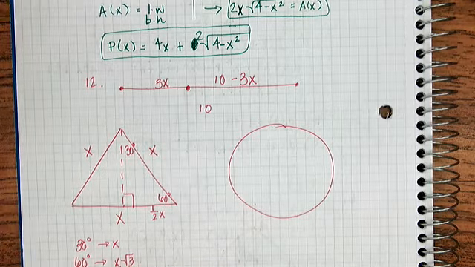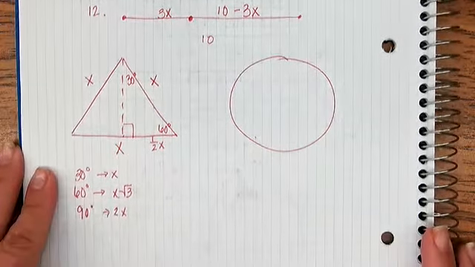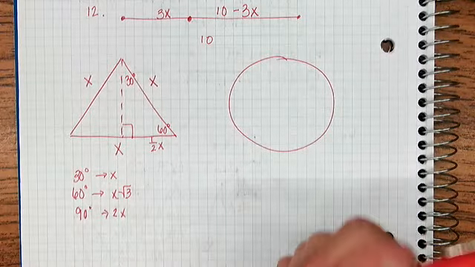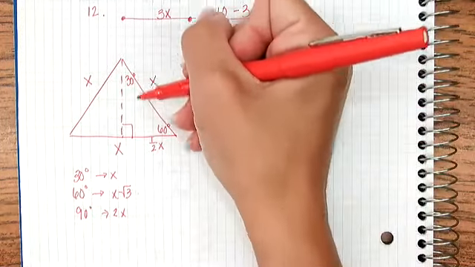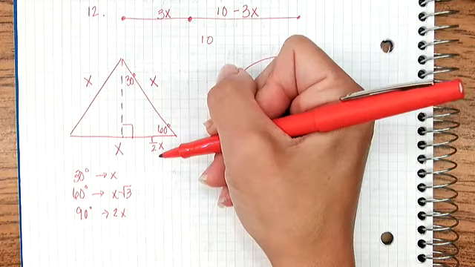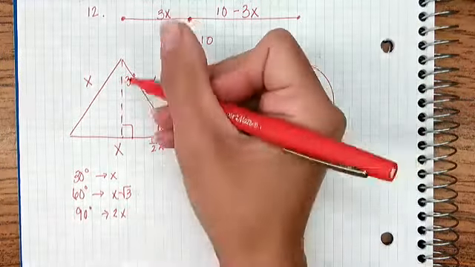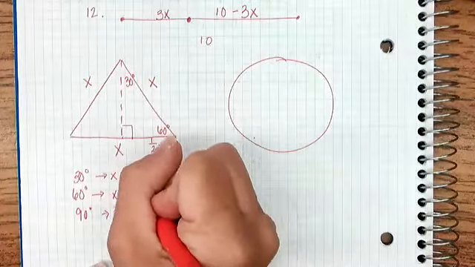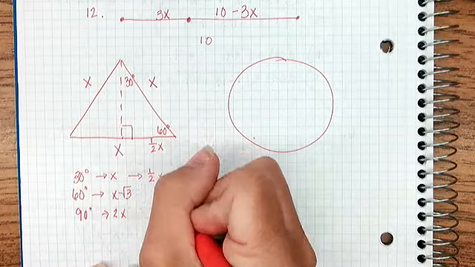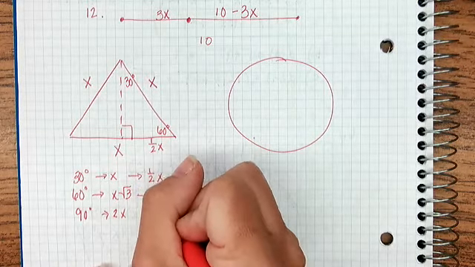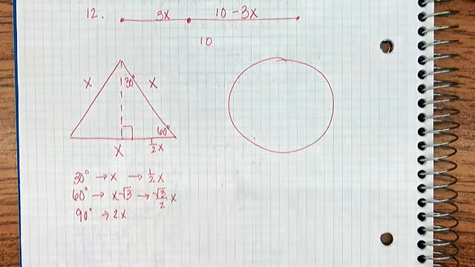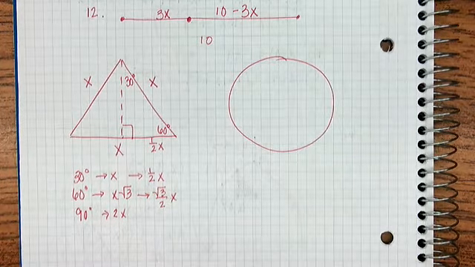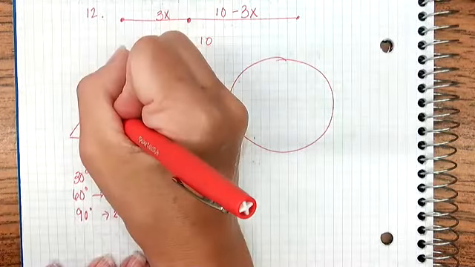That's from geometry. So opposite the 30 degrees in this case is 1/2 x, which means that opposite the 60 is root 3 over 2 x. That's my height.